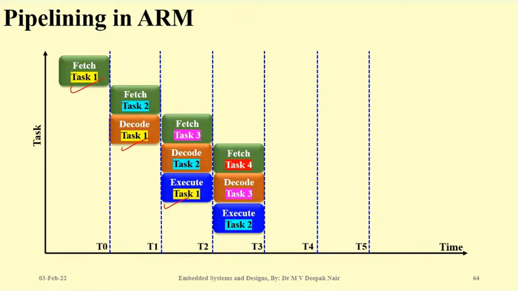Task 2 has been fetched, decoded, executed. Task 3 fetched, decoded. By that time, task 4 is also fetched, and then decoded, and here it will be executed. So even before reaching T5, you have almost finished task 4.